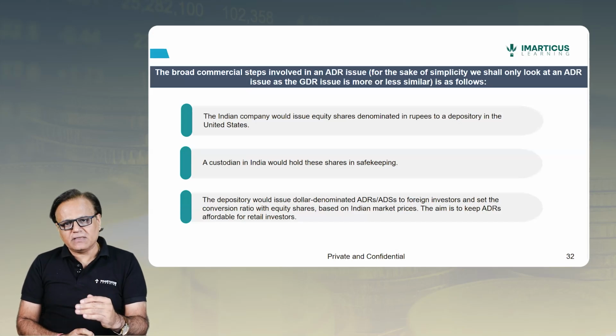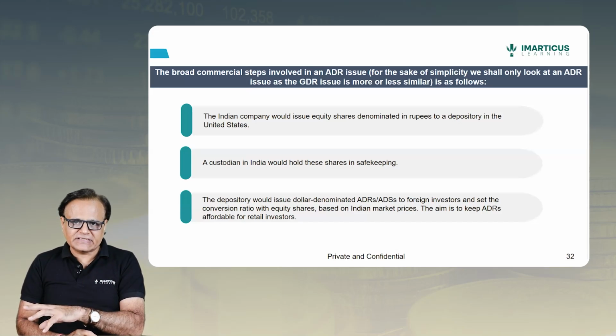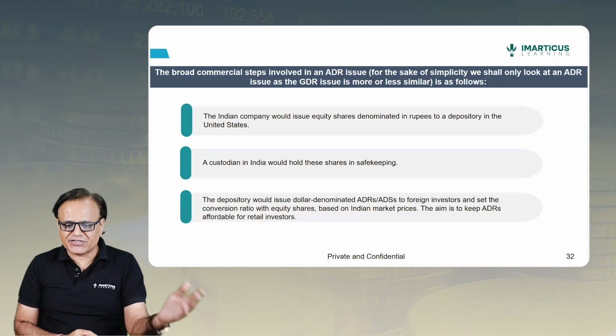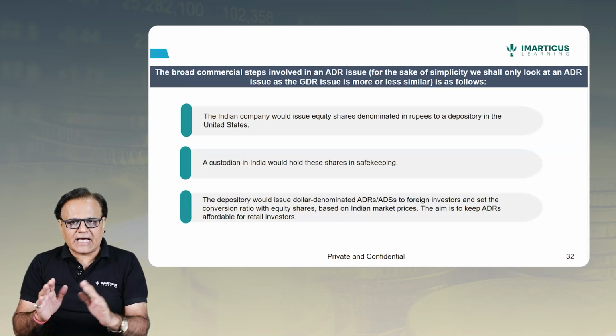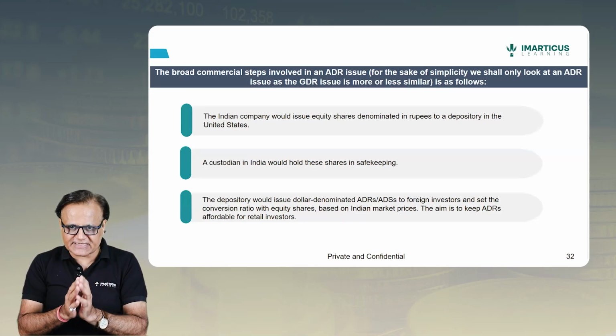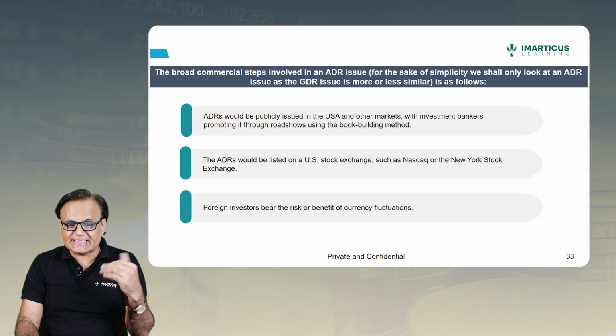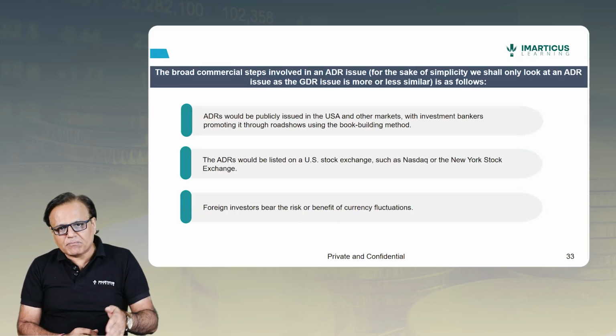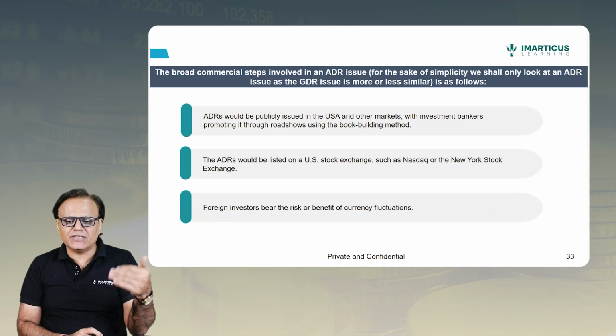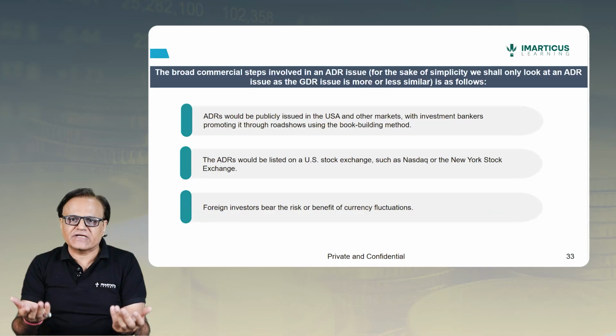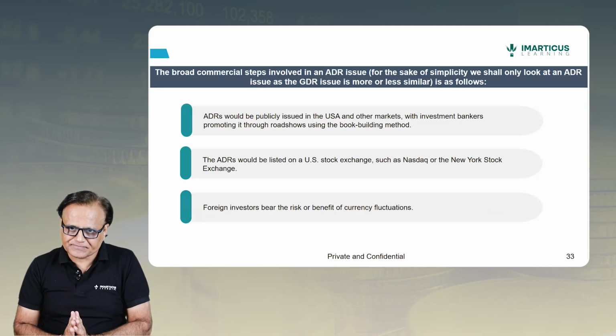So it could be one depository receipt against 2 equity shares. And based on these receipts, these receipts are then publicly issued in the US with investment bankers, with the idea of reaching out to the retail investors.